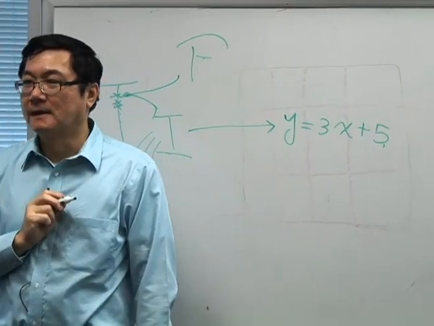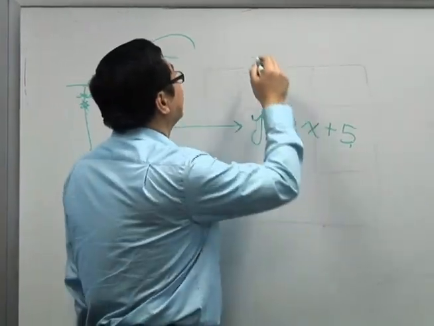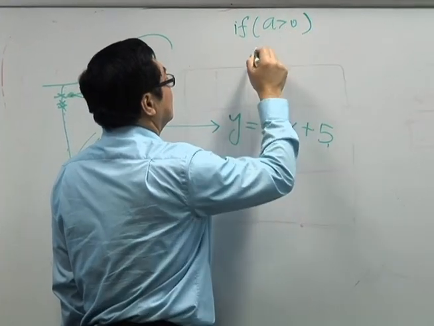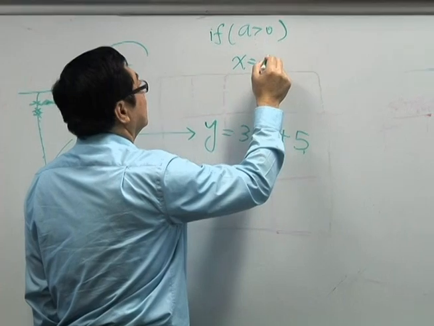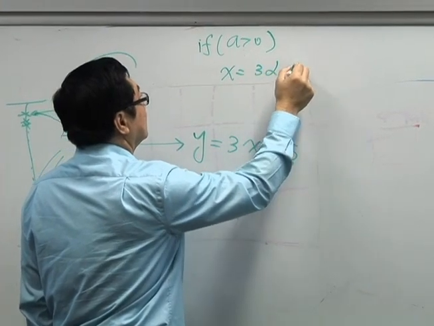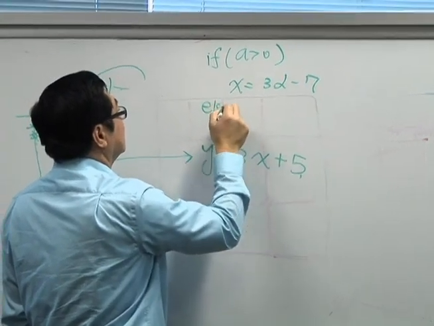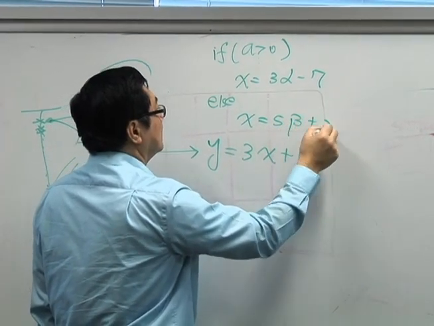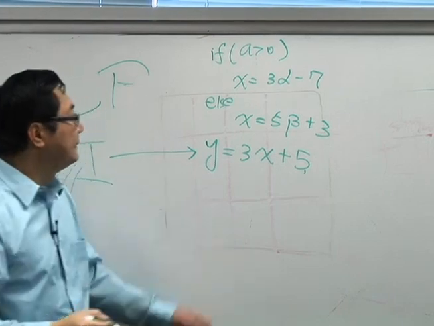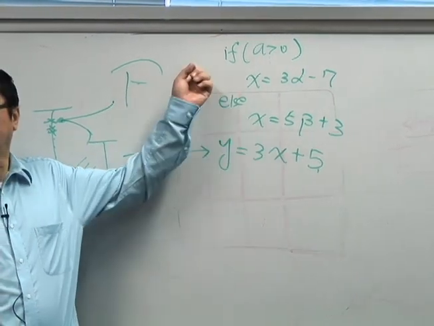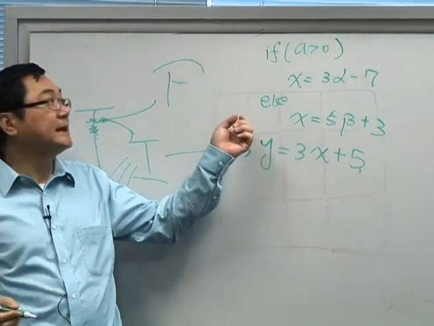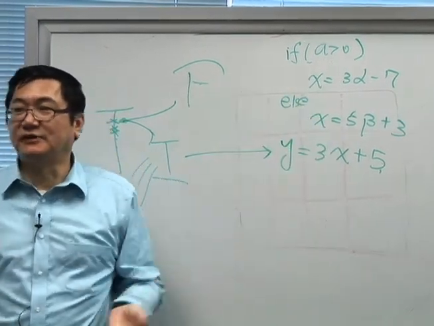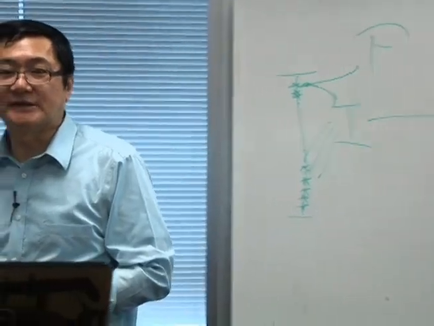Agree? But suppose I have two paths. Before this statement, I have an if condition. Depending on the value of A, X will be defined differently. So far, so good?